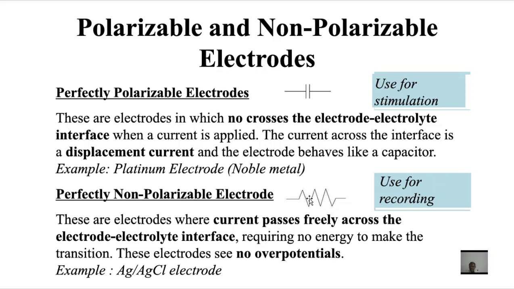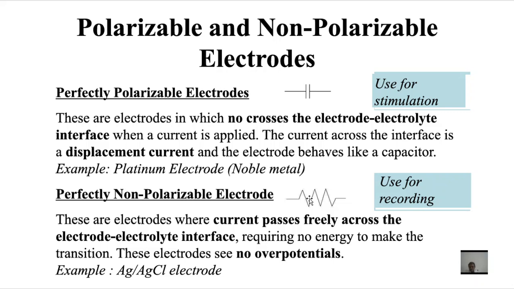When an electrode is immersed in electrolyte, at the interface there is an exchange of ions. Some of the ions on the surface of the metal electrode move into the electrolyte, and some of the ions in the electrolyte cross the interface and go into the metal.